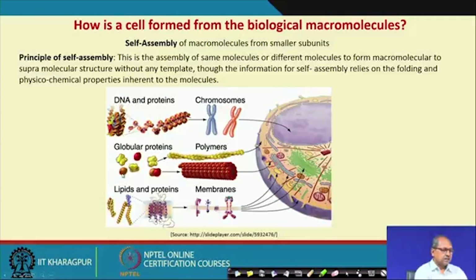Then tubulins are formed from monomers, and they make large macromolecular structures used for the intracellular transport system, as well as helping the stability of the membrane system. Then lipids and proteins, two different classes of molecules, are aggregated or self assembled to make the membrane. So, this is self assembly, one of the manifestations of the living system.